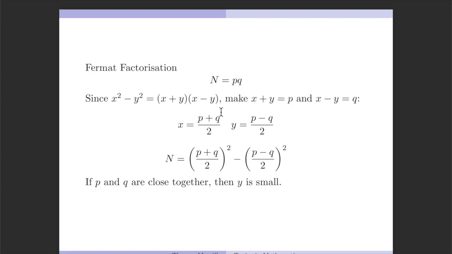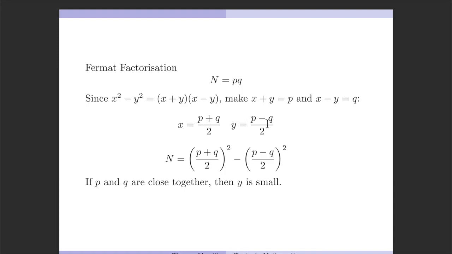Again, from the point of view of an attacker, I don't actually know what p and q are, but I know they have to exist because that's how RSA encryption works. So I'm going to make x plus y my p, and then my other term, x minus y, will be my q.